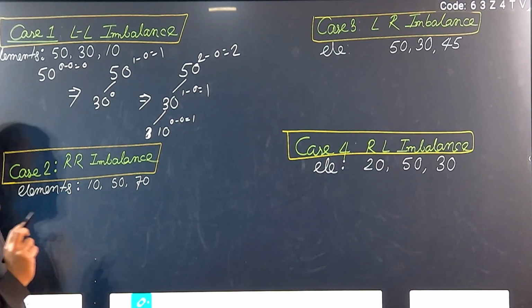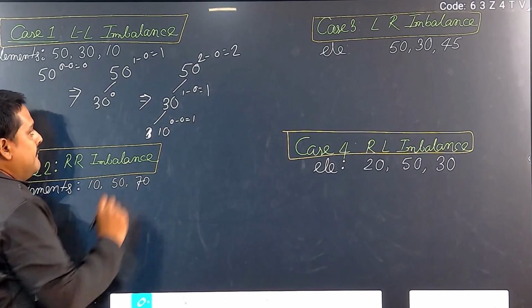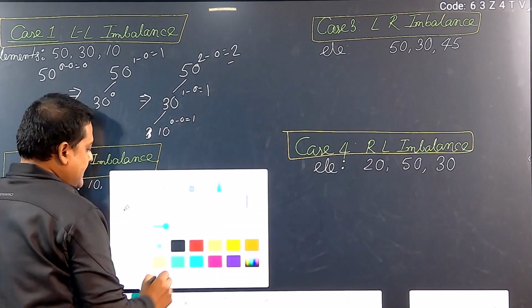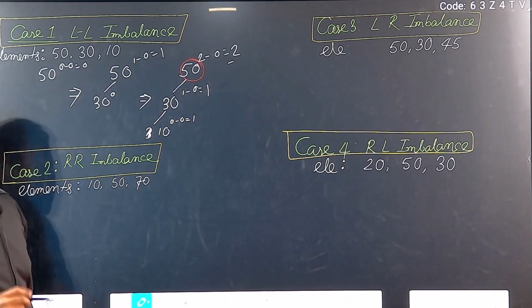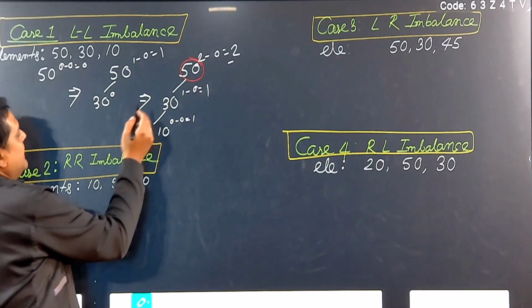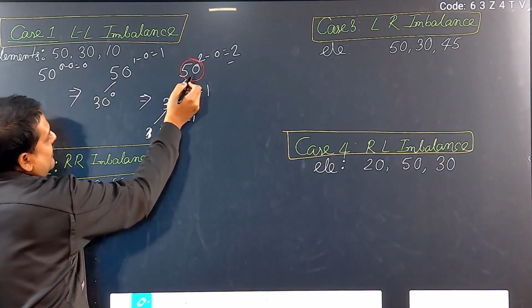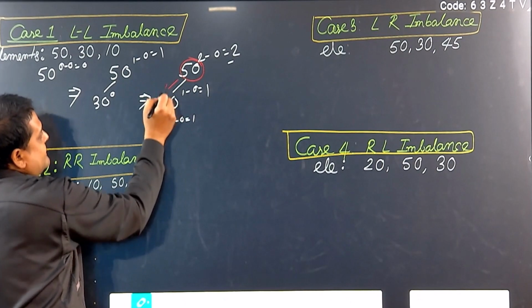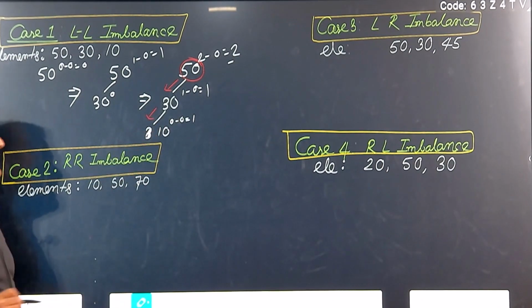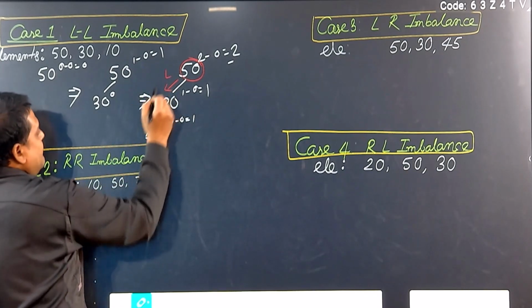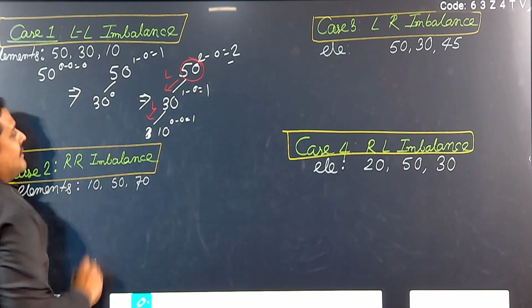That is 0, minus 1 or 1, but here it is 2. So, the problem is arising at this particular node. This problem is a left imbalance, because from where the problem arises, we go along the path to where the element is inserted. The direction is left and left, that is why it is called left imbalance.